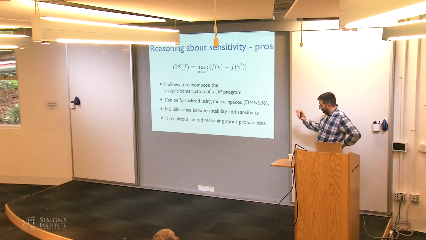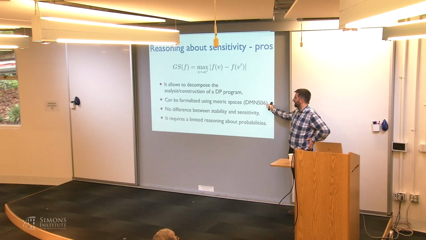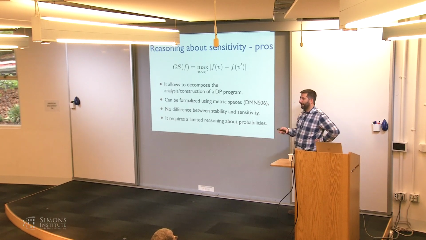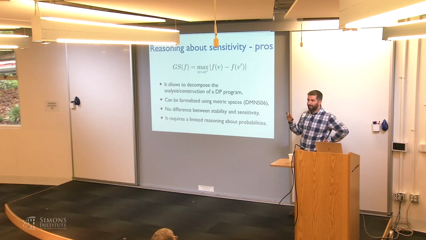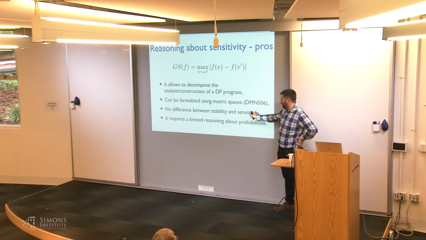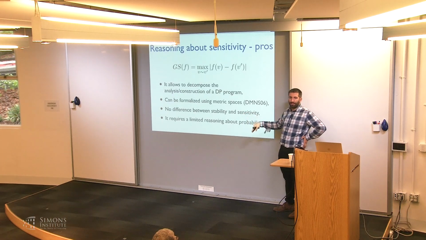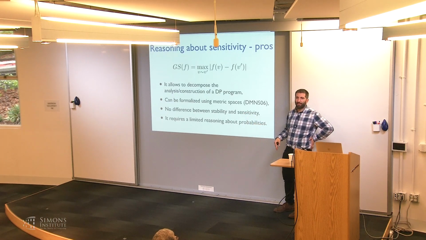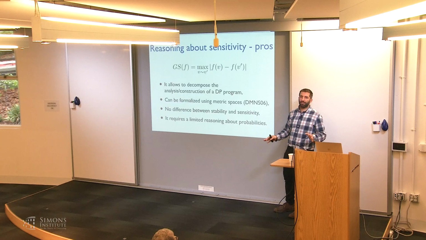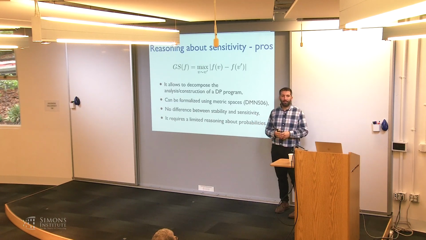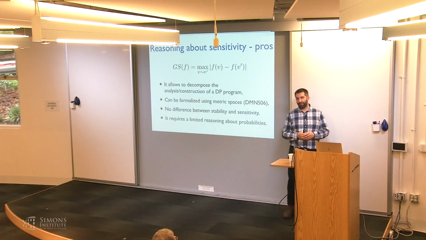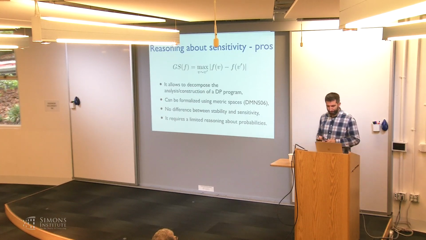The key property we want is that we can formalize it, so that we can say when a primitive is good to add or not. It also blurs together the sensitivity and stability concepts that we saw, because now we have only sensitivity, so a transformation on the data will also be sensitive in some sense.